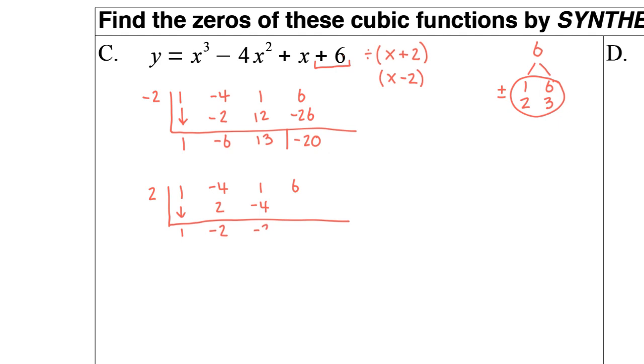Adding these together, we get -3. 2 times -3 is -6. And 6 plus -6 is 0. So here we have found one where there is no remainder. No remainder. So that tells me that what we were dividing by, x minus 2, is a factor.